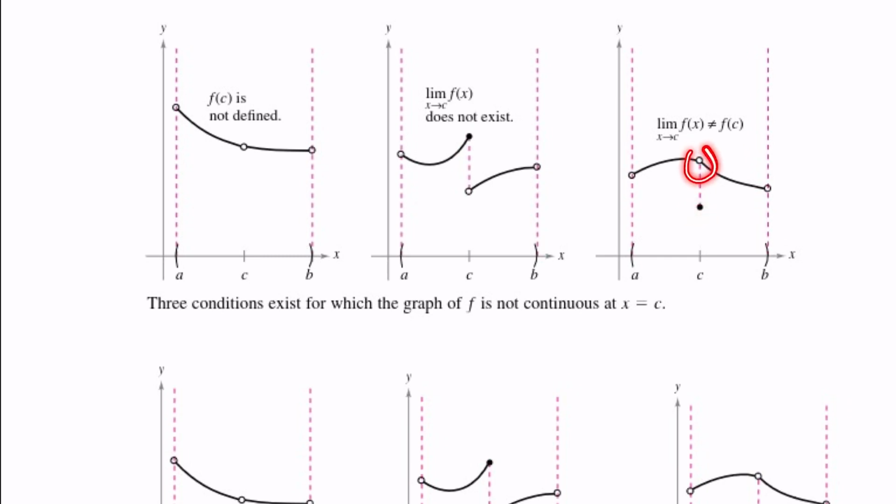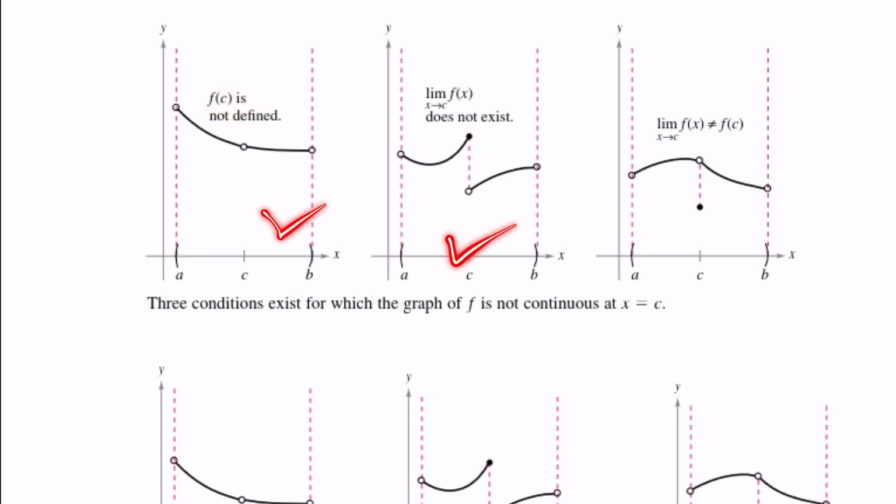So therefore, this function is not continuous because the limit is not equal to f of c. So the limit exists, all right, but the limit is not equal to f of c. Now, in this case, the limit does not exist because there is a jump. In this case, the limit exists, but it is not equal to f of c. F of c is undefined.